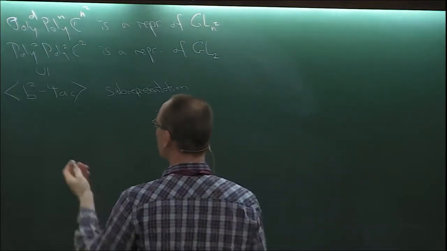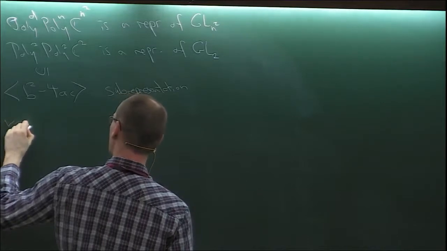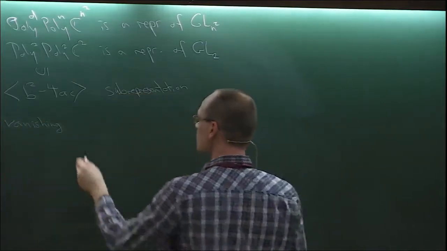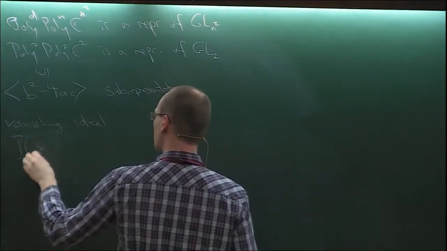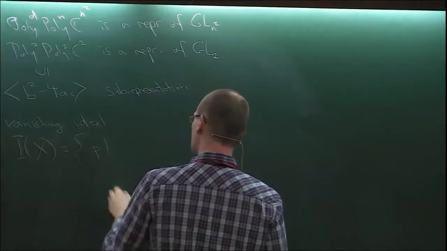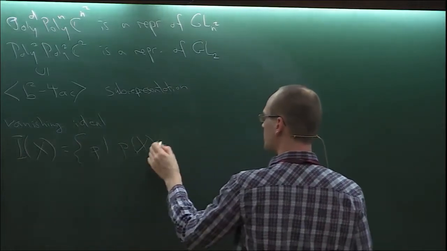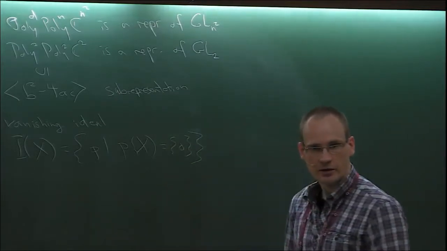And in general, if you have a vanishing ideal of a variety, now this is our important sub-representation. So you take a vanishing ideal. Say I(X) is the set of P such that P, if you evaluate it at any point in X, is always 0. This is an ideal, a vanishing ideal.